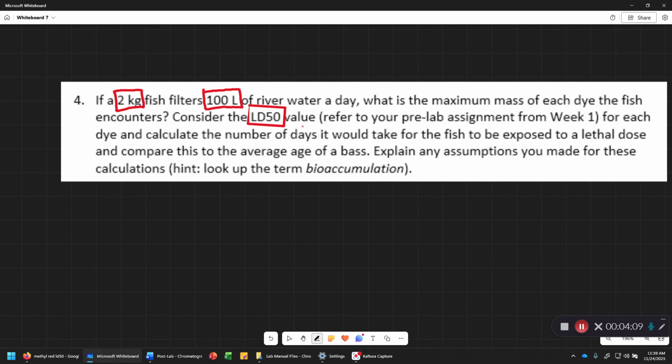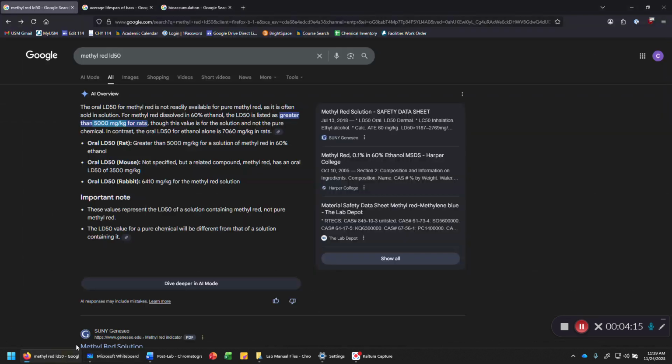So what we've got to look up is the LD50 value for the dyes. For methyl red, a quick Google search tells me that it didn't give me any results for fish per se, but it did give us an LD50 value for rats, so we're going to have to use that. The lethal dose here is 5,000 milligrams of methyl red per kilogram of body mass.